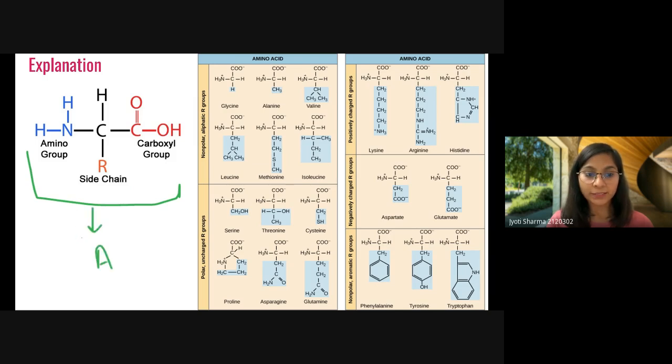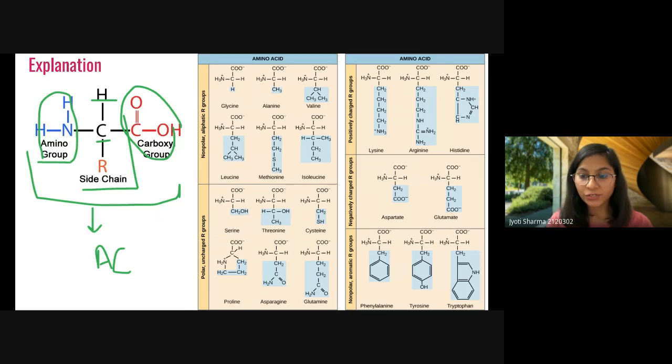In amino acid, we have the amino group, that is NH2, then one carbon. This carbon will have R, and that R can be anything. We will talk about this. And then we have the hydrogen and one carboxylic group. If we have such a structure, then we call it an amino acid.